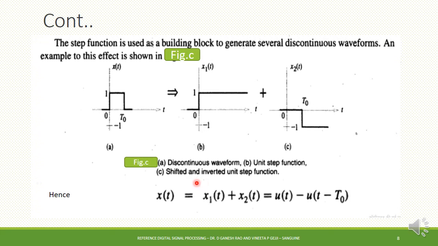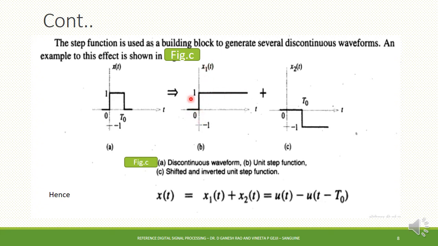I have to apply the unit step function. Here x1 of t is equal to 1 when t is greater than or equal to 0, and x1 of t is equal to 0 when t is less than 0.